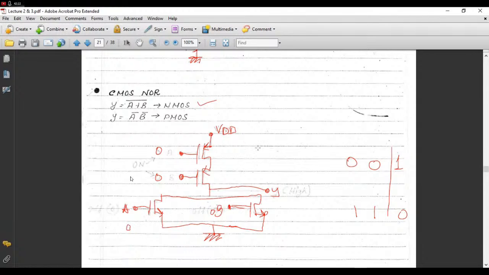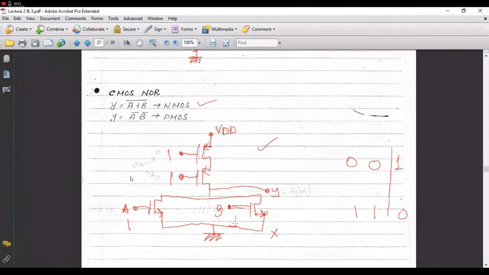When both the inputs are 0, we have zeros everywhere, and as a result the PMOS turns on. The NMOS, right over here, turns off. That means we are going to get an output from VDD right here. But if the inputs are 1, what will happen?